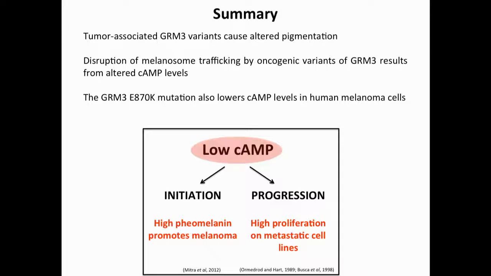These low cyclic AMP levels are related to melanoma initiation. It is known that high pheomelanin leads to melanoma initiation, and these low cyclic AMP levels are also related to progression, with high proliferation in metastatic cell lines.